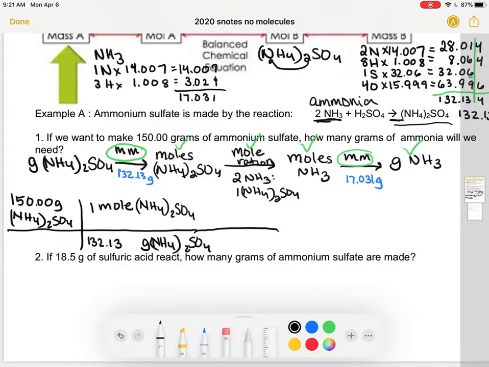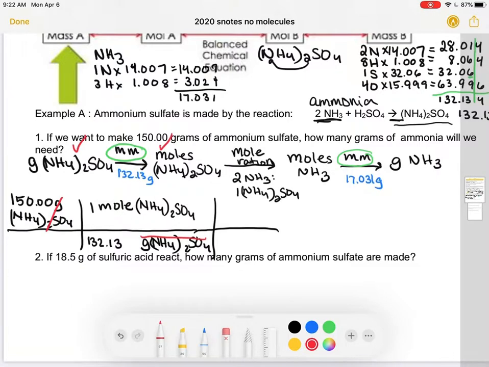Okay, so if I was to stop my problem here, which I'm not going to do, my units would be moles of NH4 to SO4. Okay, so we have gone from this step to this step.